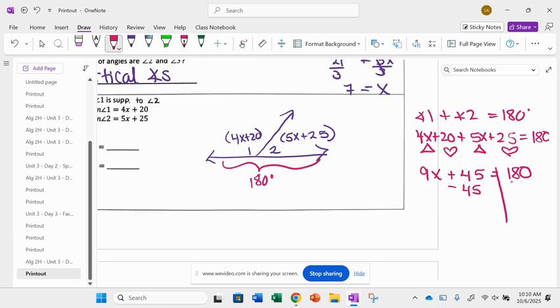So I'm going to subtract 45 on both sides. So borrow, this becomes 135. X will equal, what is that going to be, 15.